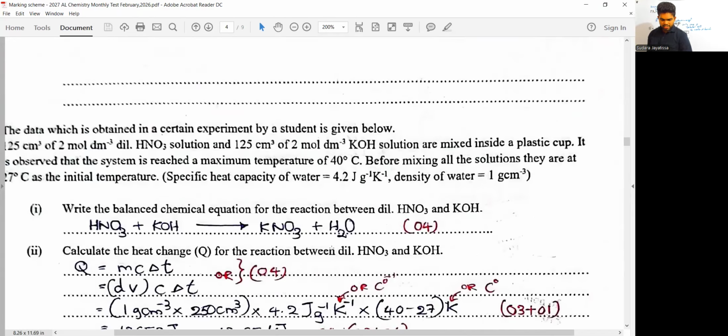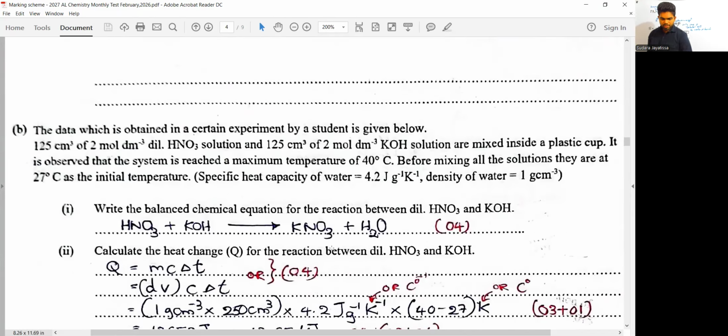Okay, and the next question I gave this time, part B, is a question from energetics. Look at the question.